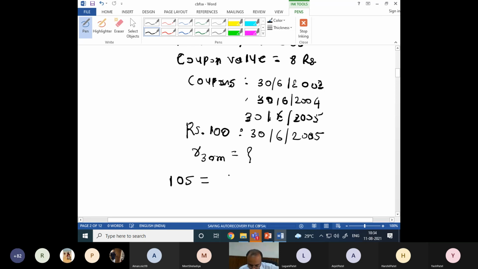We have 105 rupees. That is the present value. 8 rupees I will get after 6 months. So it is 8 divided by 1 plus R 6 month.